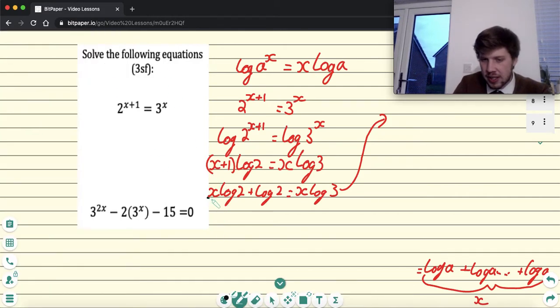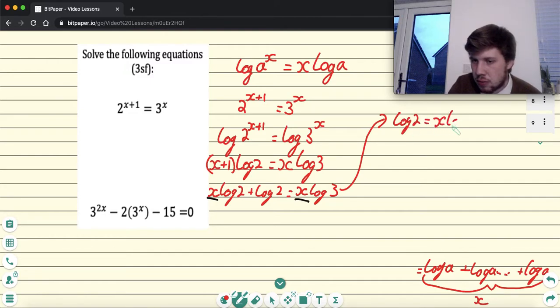We explored this in the algebra section, but what we need to do is get those x's first of all on the same side, and then we're going to have to factorise so that we're only left with 1x. So, doing this, I'm going to subtract x log 2 from both sides. That leaves me with log 2 equals x log 3, take away x log 2.